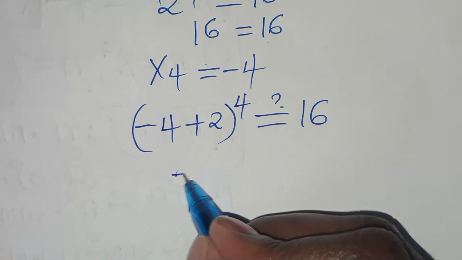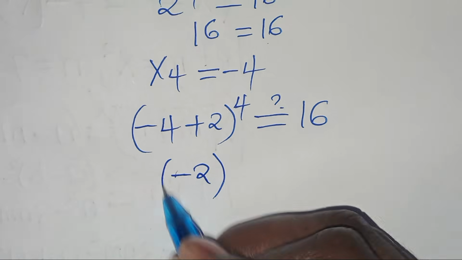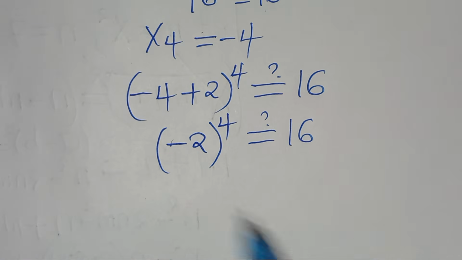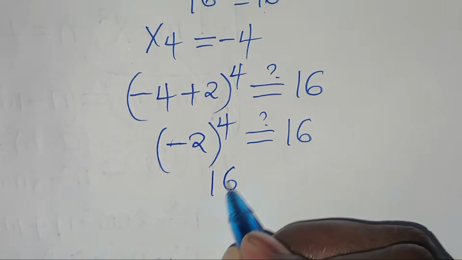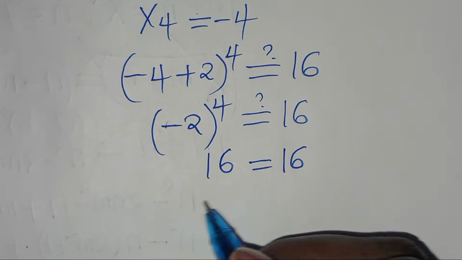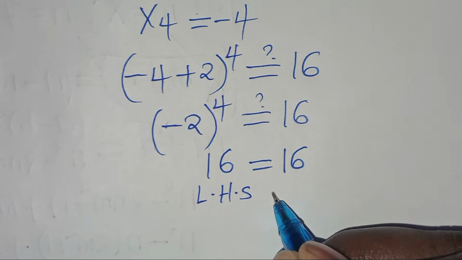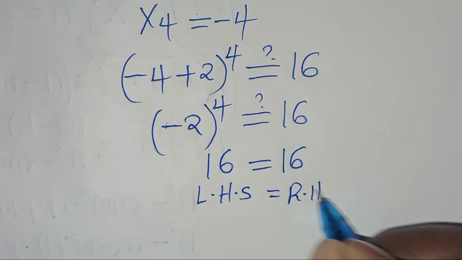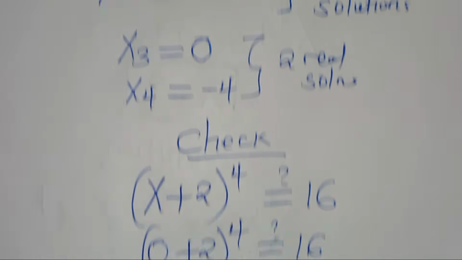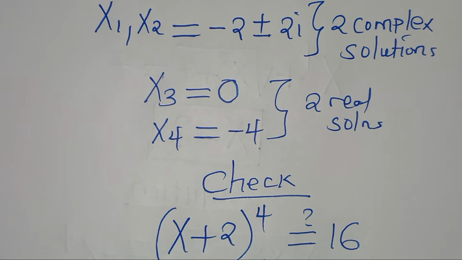Minus 4 plus 2 is minus 2, raised to the power of 4. (-2)^4 is 16, and this is equal to 16. So the left-hand side is equal to the right-hand side, and therefore the two real solutions satisfy the equation.